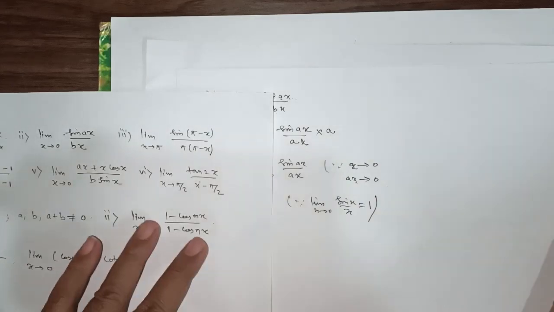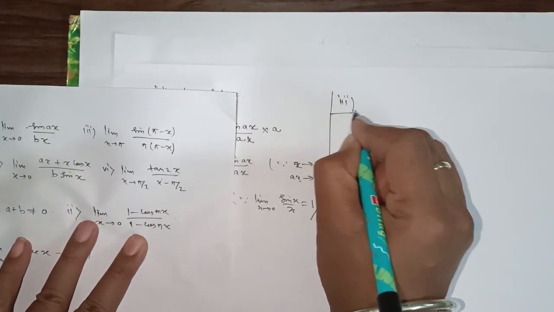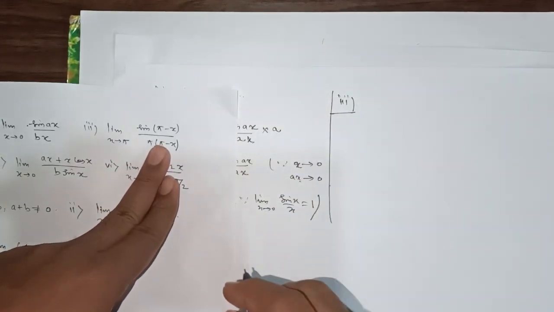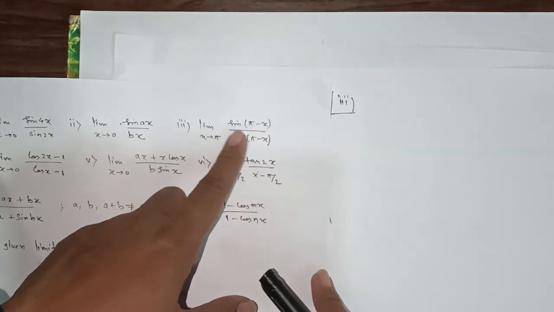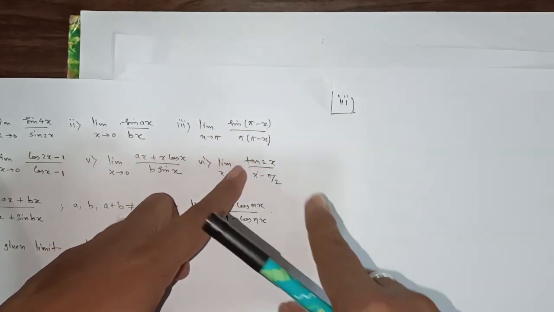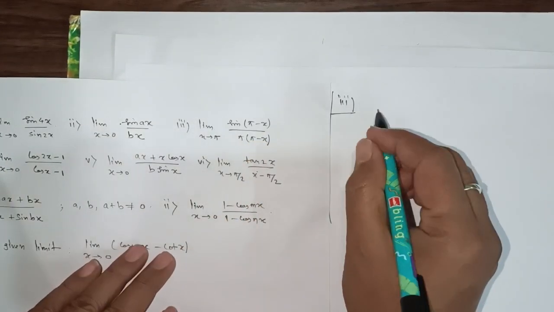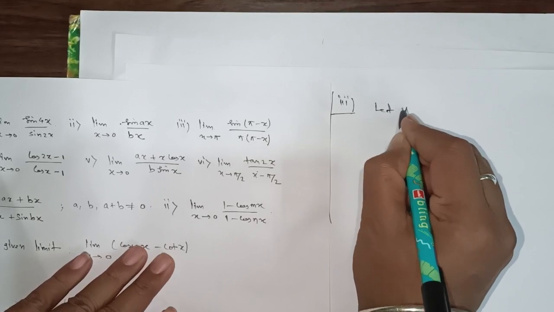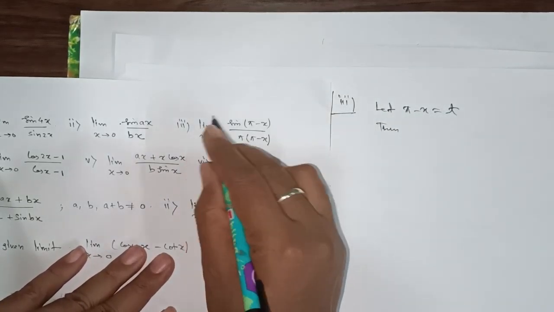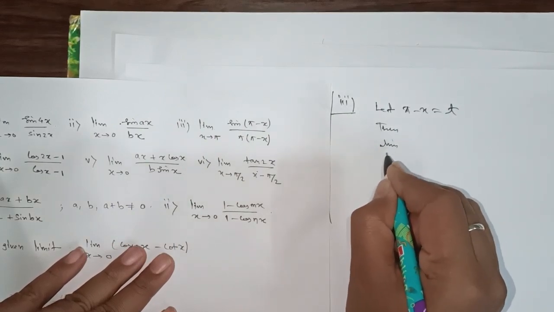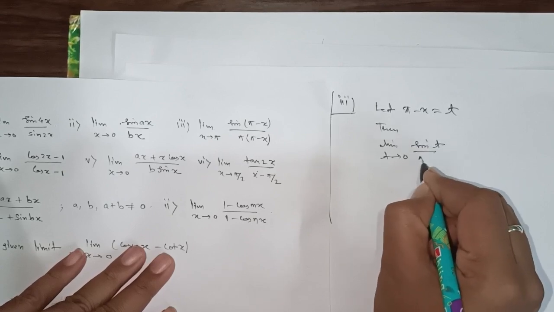It's very interesting. The third one also, we'll change the limit totally. So what we have, we can see sine of pi minus x divided by pi into pi minus x. If we write pi minus x as t, let pi minus x be t, then this becomes limit t tends to 0 of sine t by pi t.